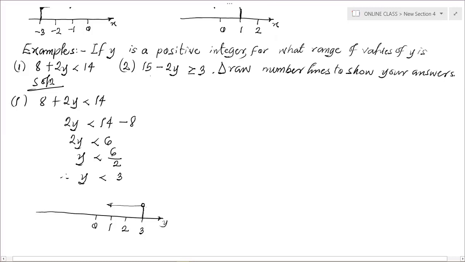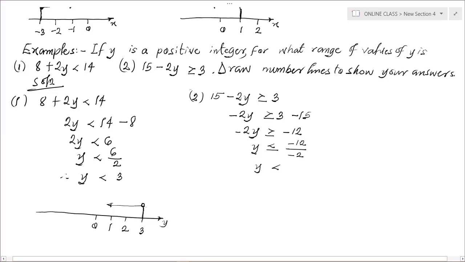So let me now solve it so that you can see what I was saying. Number 2 is 15 minus 2y is greater than or equals to 3. Minus 2y is greater than or equals to 3 minus 15. Can you see the board? Yes. Is greater than or equals to minus 12. Why? Immediately I'm taking the minus number, I'll change this sign to less than or equals to minus 12 divided by minus 2.